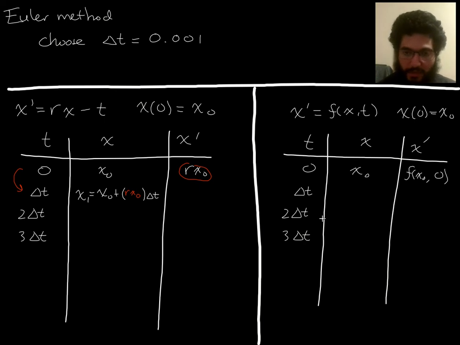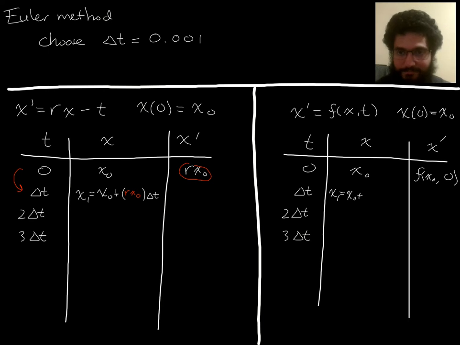So there's x1. And in a little bit more generality, I'm saying let's define x1 to be x naught plus the expected instantaneous rate of change of x, or what was the instantaneous rate of change of x at the previous time, times delta t. So it's this going here.